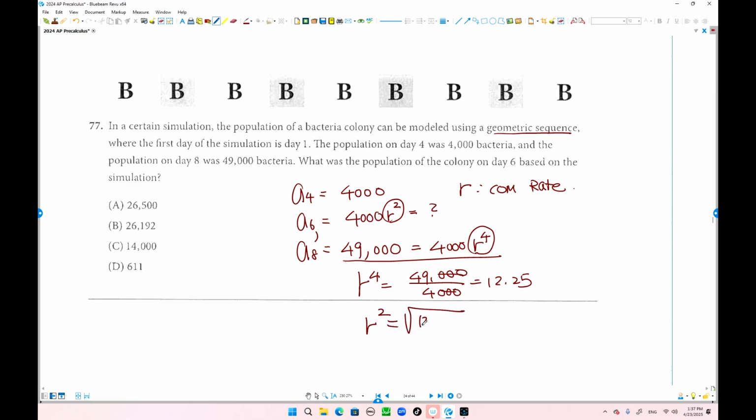R squared is 3.5 squared, which is 12.25. Use your calculator, because I know this already. So day 6 is 4,000 times 3.5, so 14,000. Option C is the answer.